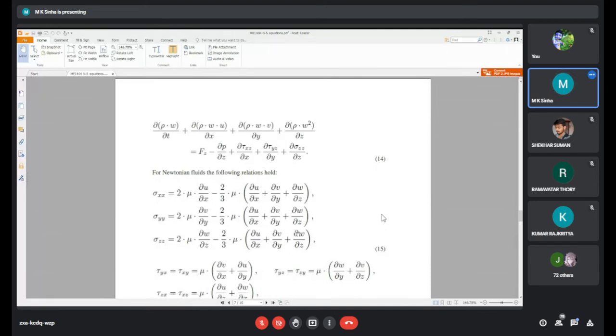So see, from here we are restricting, imposing some assumptions for a Newtonian fluid. Till now we have not used any restriction. We have written the momentum equations in generalized form without application of any restriction or assumptions.